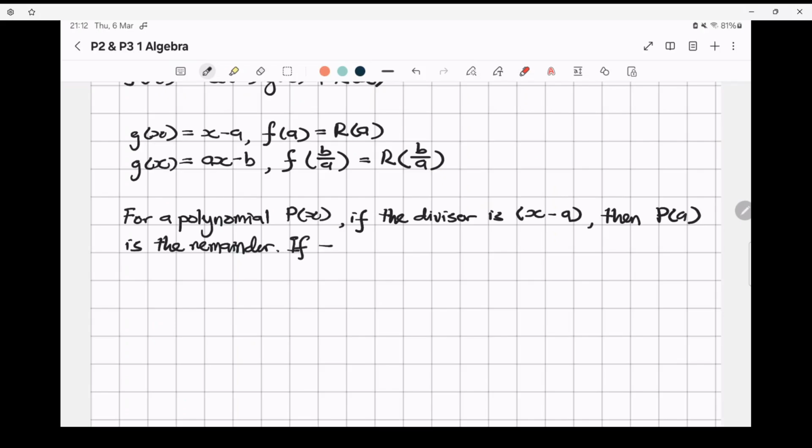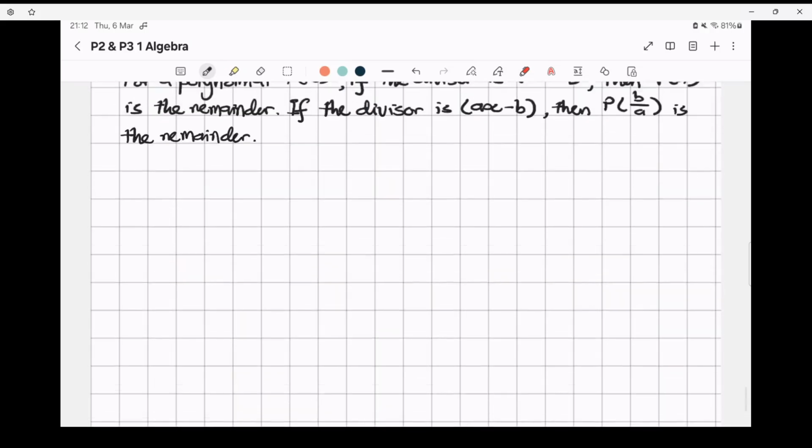If the divisor is ax minus b, then p(b/a) is the remainder. So that's the remainder theorem. So now let's look at 2 examples.